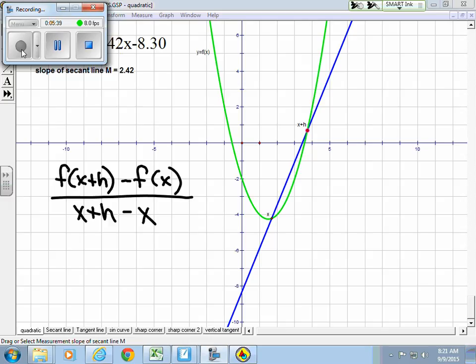Agreed? What happens to those two x's? And what do you get? So what is this big formula really?